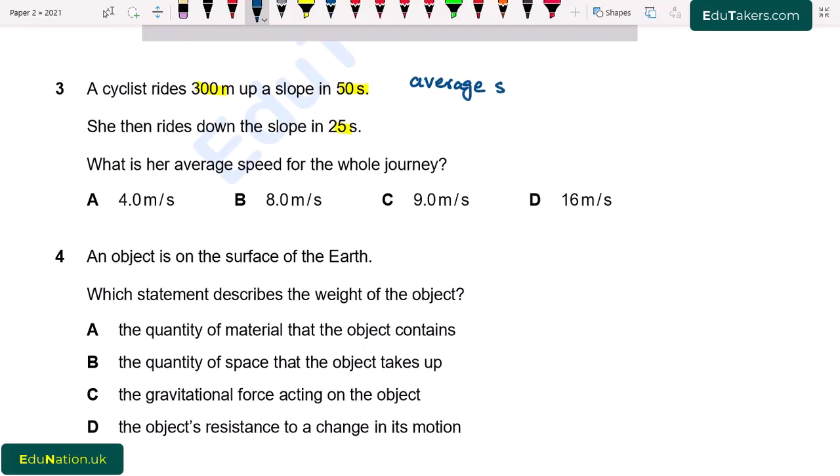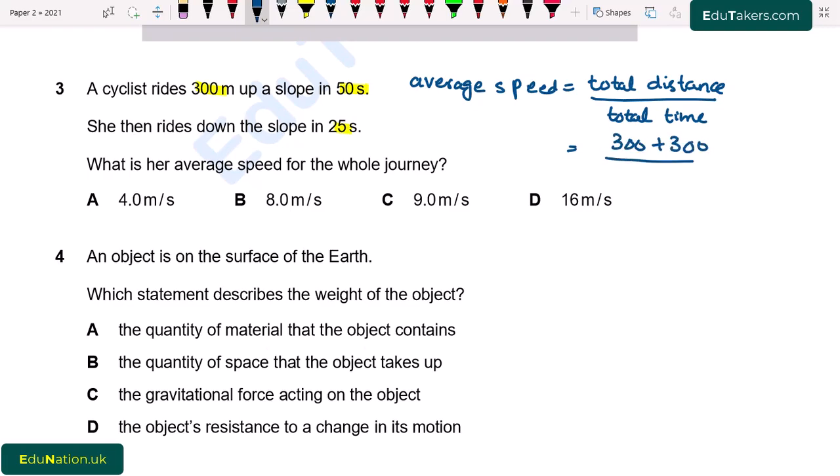I write here average speed is equal to total distance divided by total time. Total distance is here 300 plus 300, because first of all she goes up and then comes back.